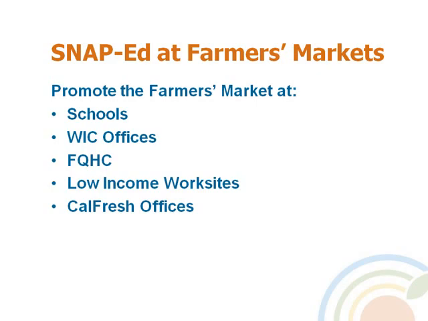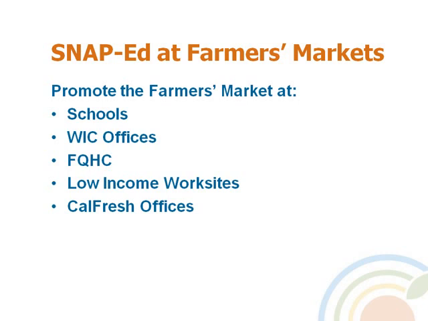Okay, to promote the farmers markets, some of the best places to promote farmers markets, especially for the SNAP-Ed interventions, are at schools, WIC offices, our federally qualified health centers, low-income work sites, and CalFresh offices.